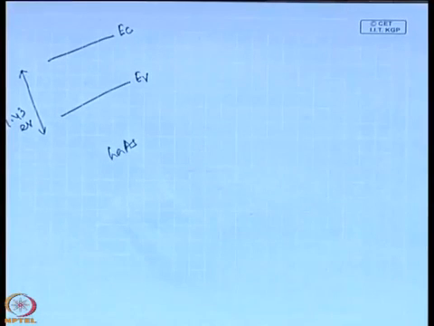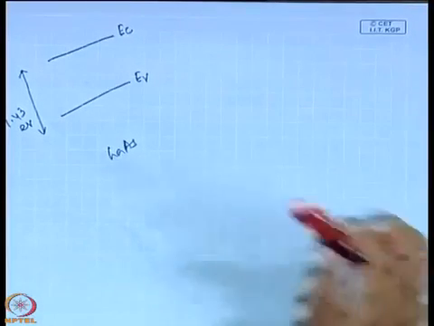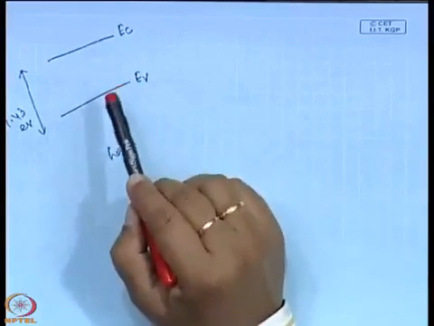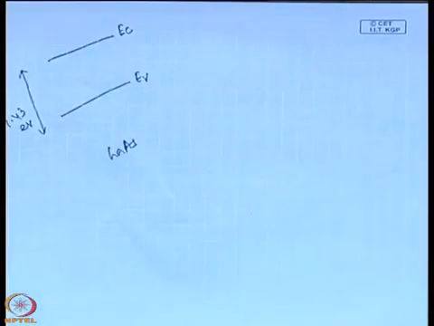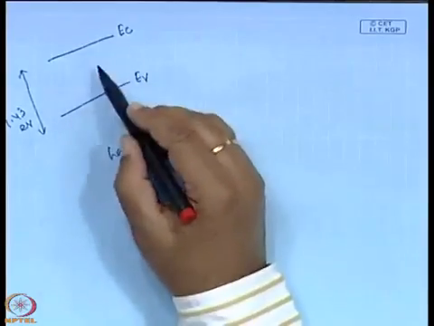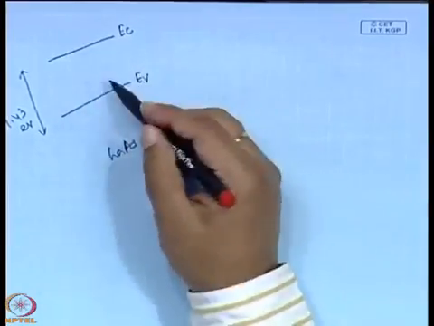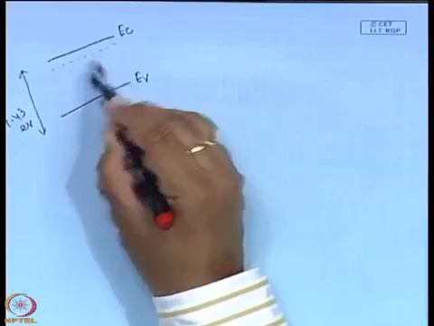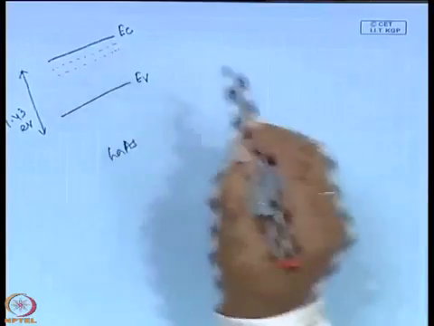Now, ideally there should not be any impurity states inside the band gap. However, in actual practice, because of the presence of various types of defects or impurities, there are many levels that can be inside the band gap.